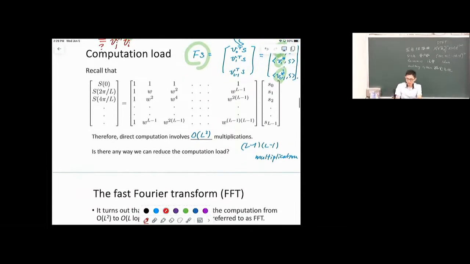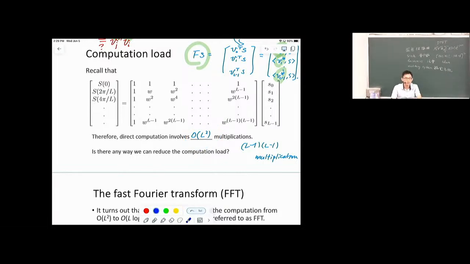Anyway, I was asking a question at the end of the last hour regarding computation load. The computation load appears to be in the order of L squared, because now we have this matrix representation.